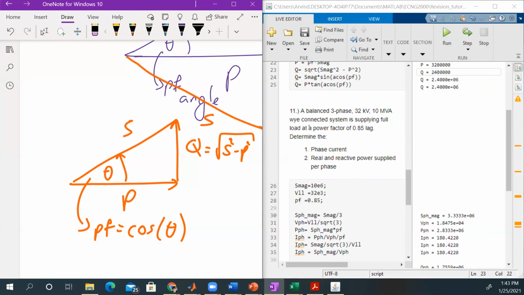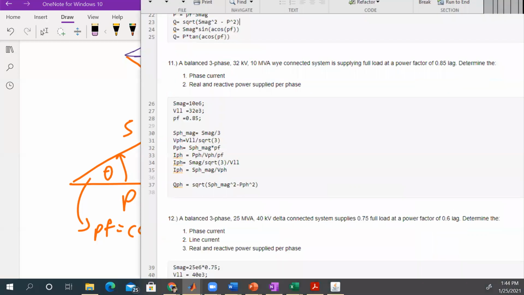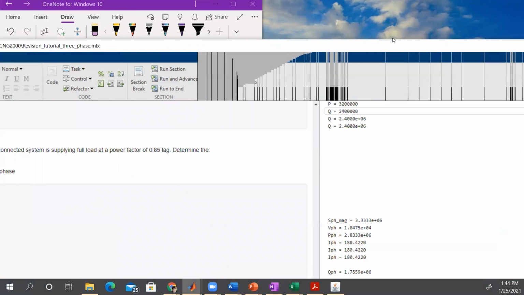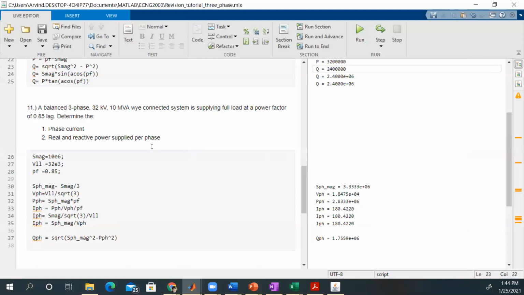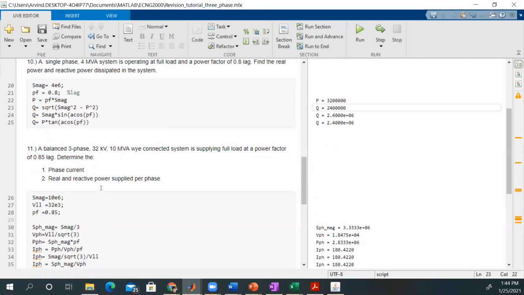A 32 kV, 10 MVA Y-connected system is supplying full load at 0.8 power factor lag, and you have to find the phase current and the real and reactive power. So again, here we put down our information, 10 MVA, V line to line 32 kV, and the power factor 0.85. Now we want to find the phase current.